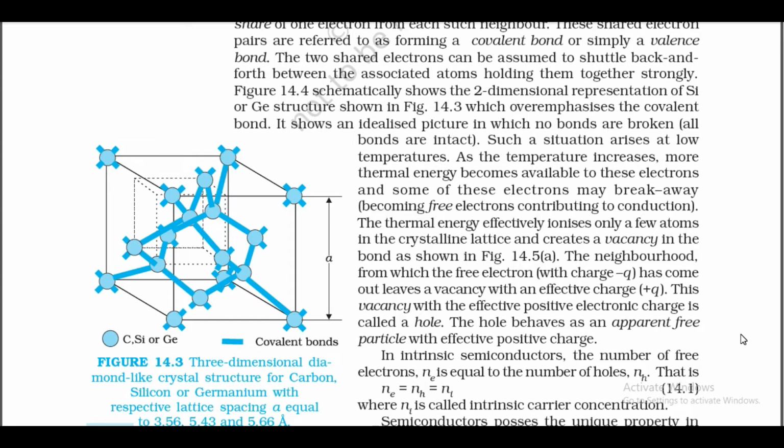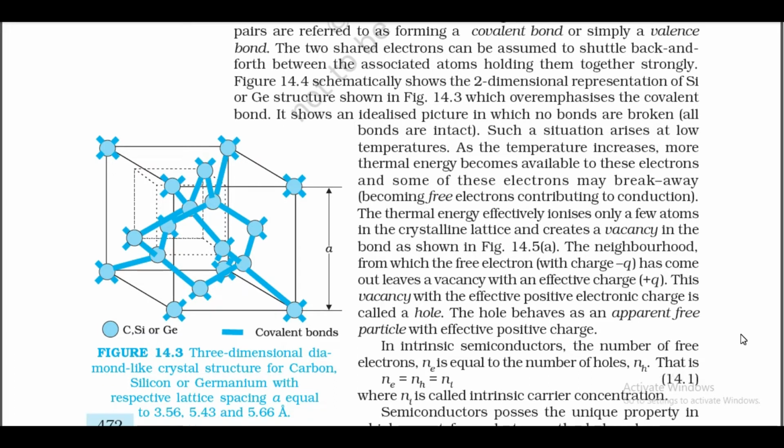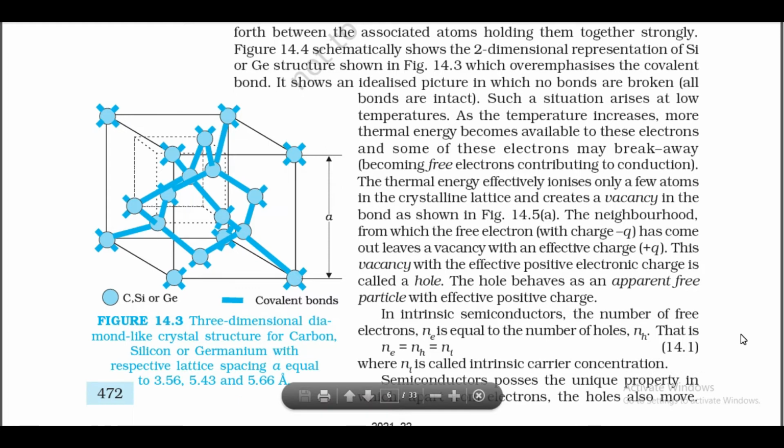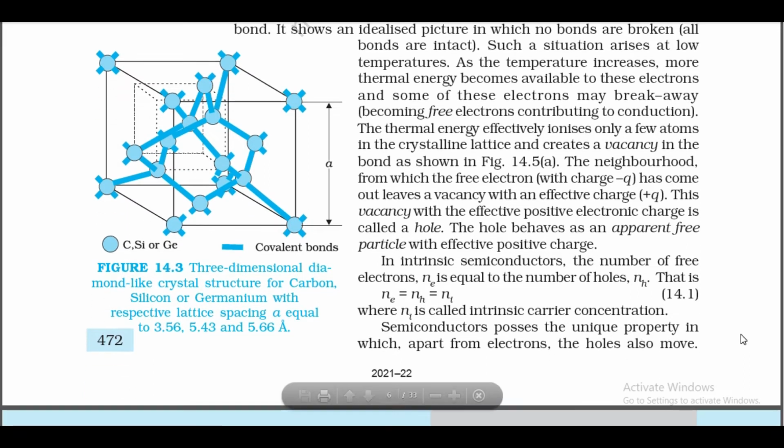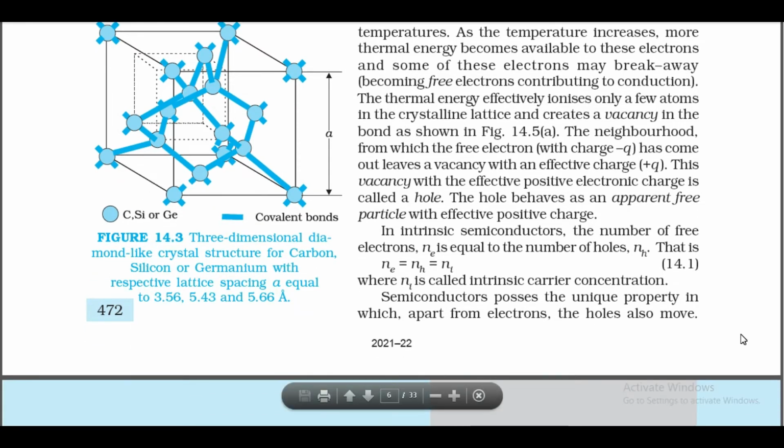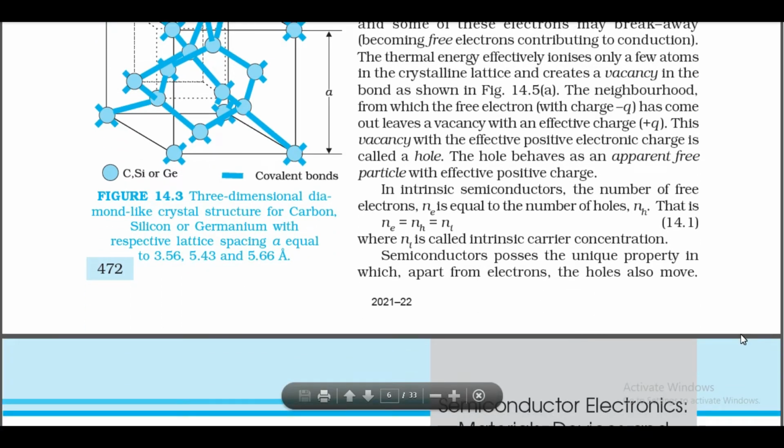This vacancy with the effective positive electronic charge is called a hole. The hole behaves as an apparent free particle with effective positive charge. In an intrinsic semiconductor, the number of free electrons Ne is equal to the number of holes Nh, that is Ne = Nh = Ni, where Ni is called the intrinsic carrier concentration.